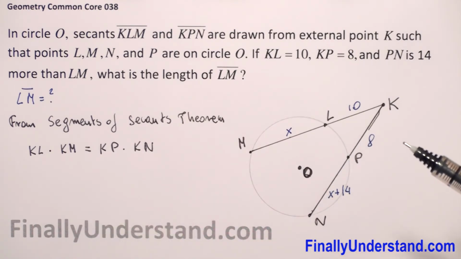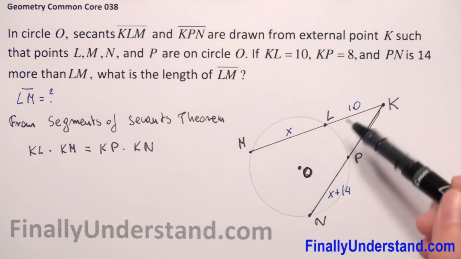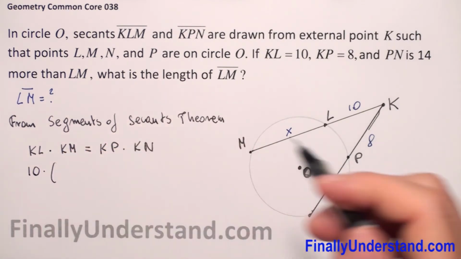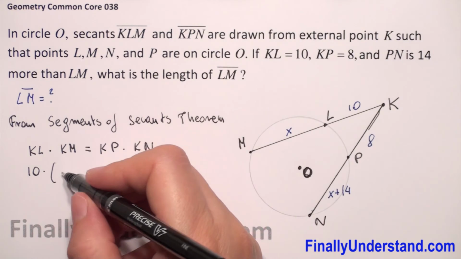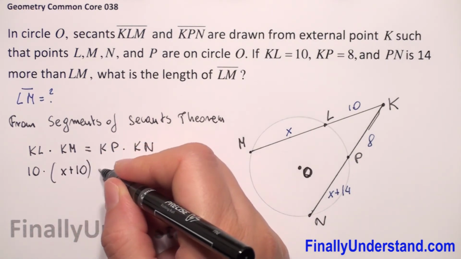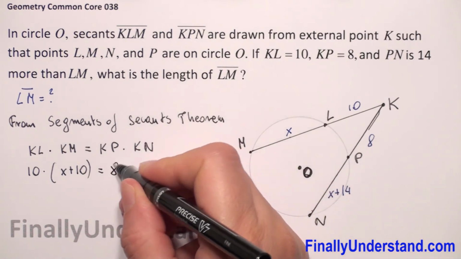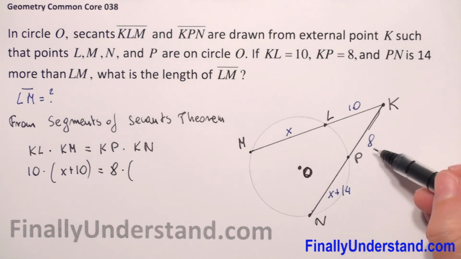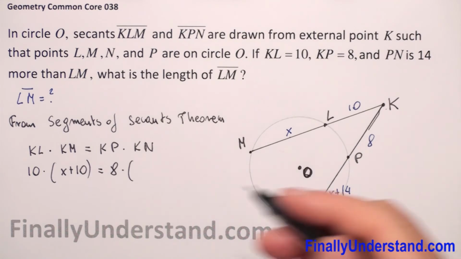We have given that KL is 10, so we can substitute KL by 10 times KM, which is 10 plus x, or we can write x plus 10. KP is 8 given, times KN, which is 8 plus x plus 14.